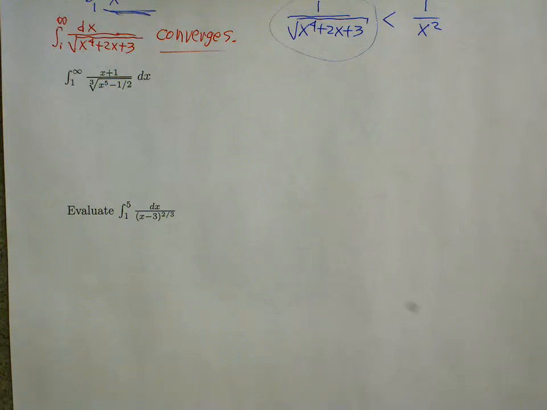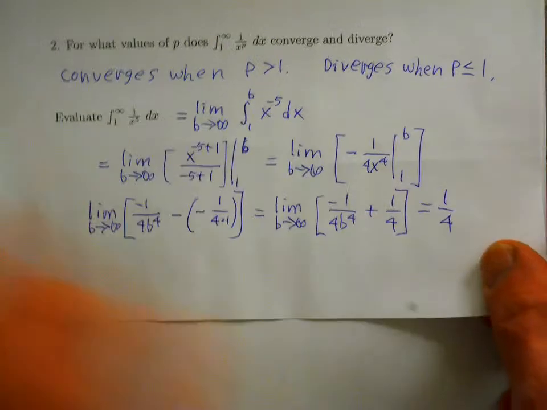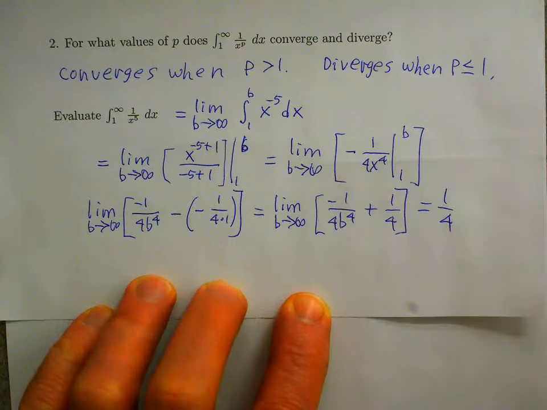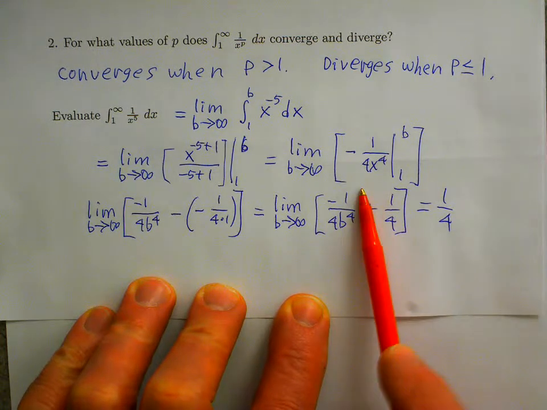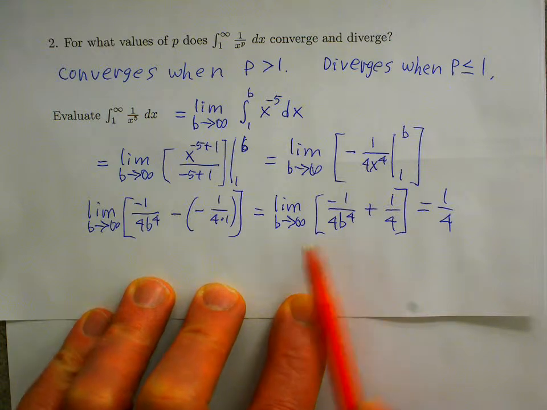There's a question I just noticed on YouTube from the previous problem: how do I know that negative 1 over 4b to the fourth goes to 0?